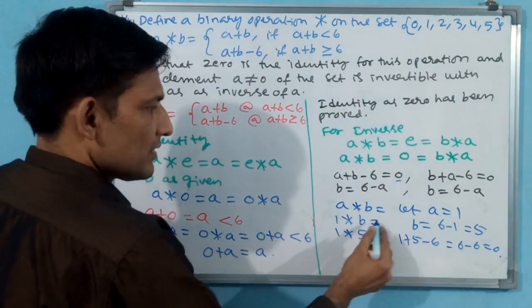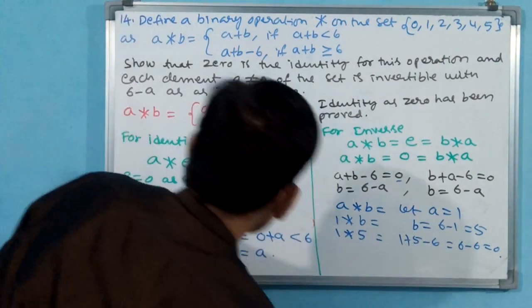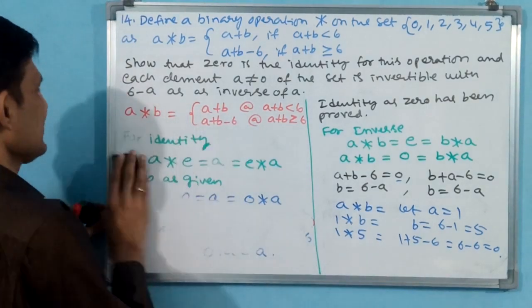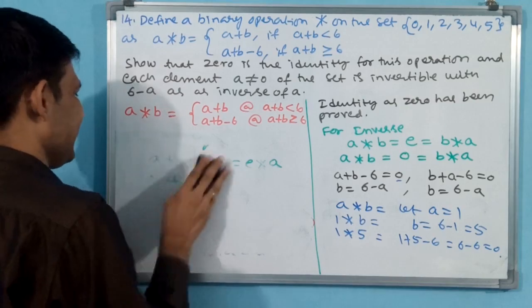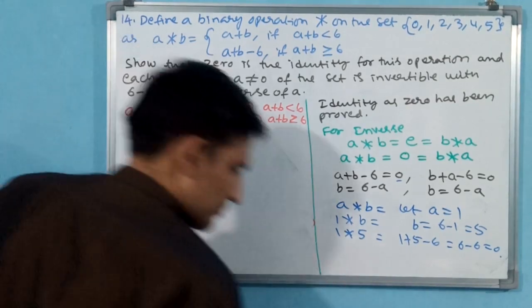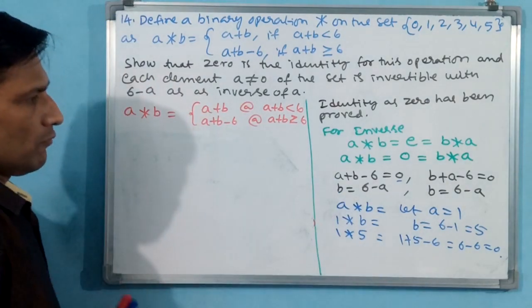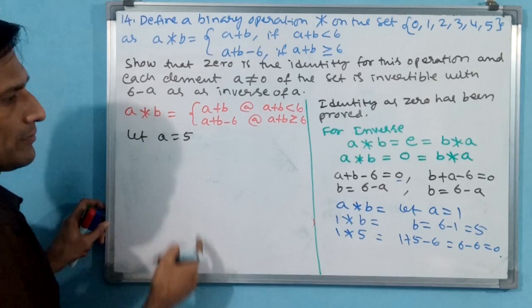Now you take 5 also. Let A is equal to 5.